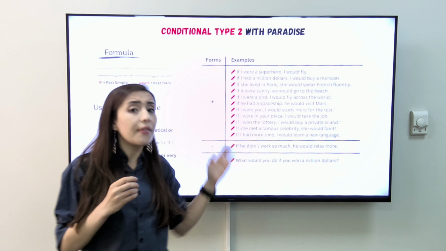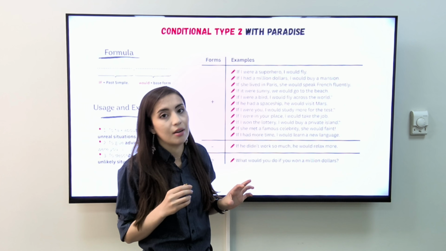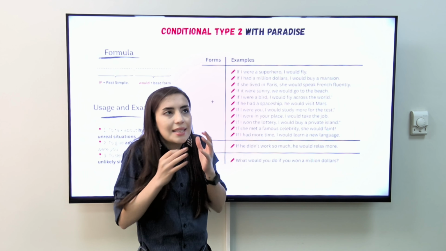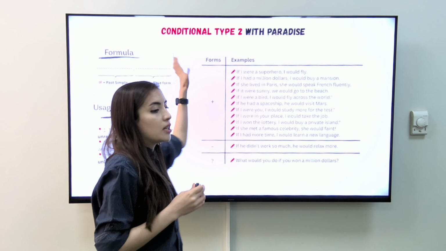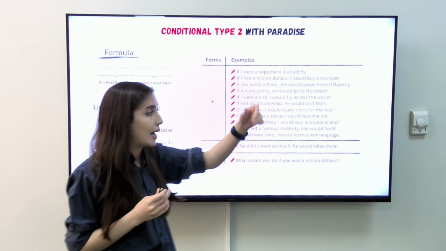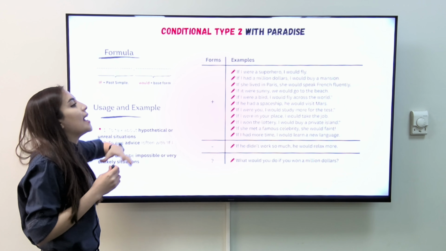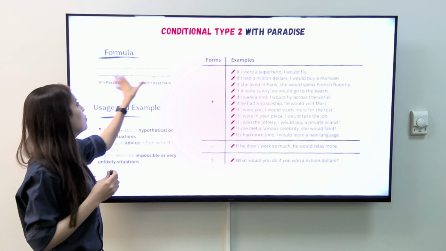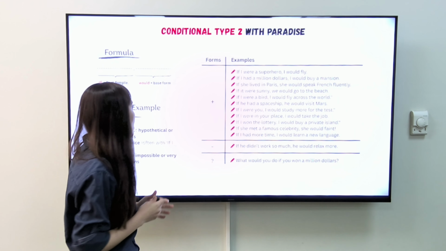Like any other conditional, we have a cause and an effect. It's conditioned, okay? If something happens, the other part will happen as a result. Like any other conditional, there are two parts to this type.